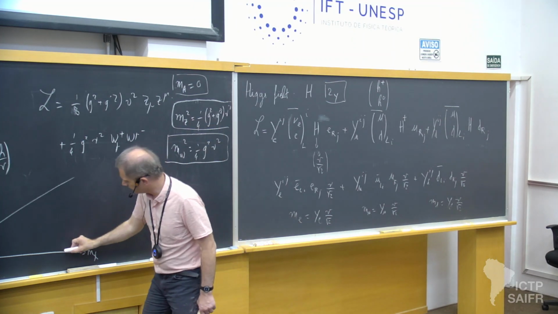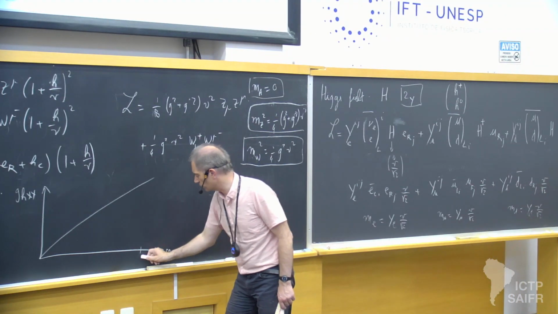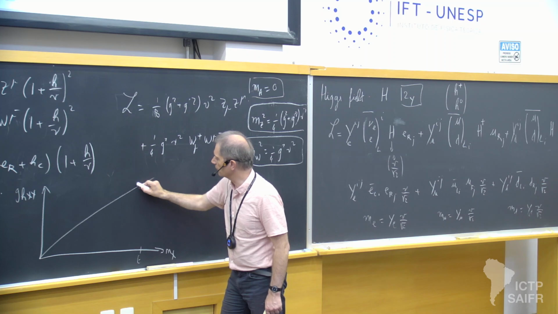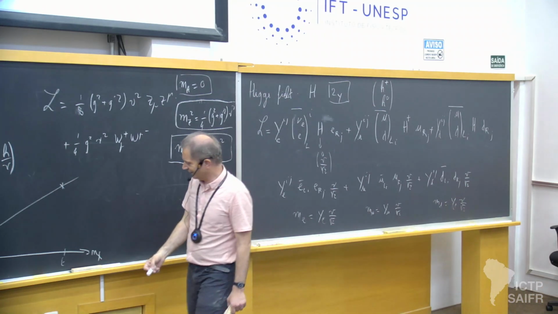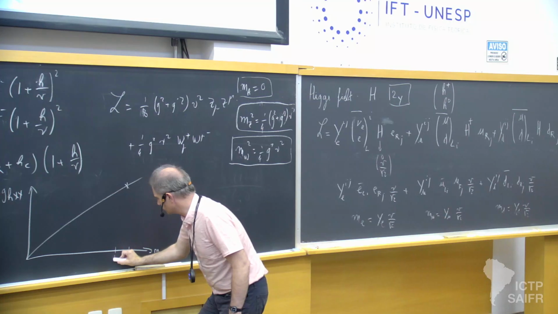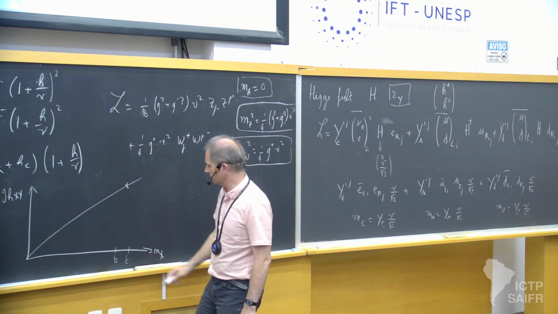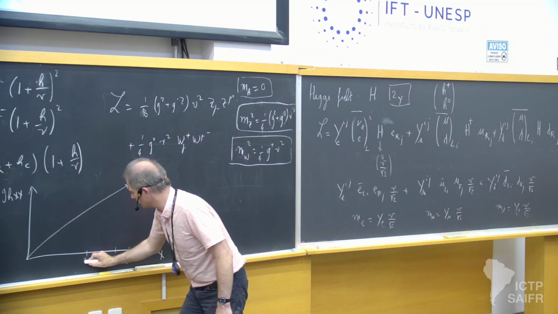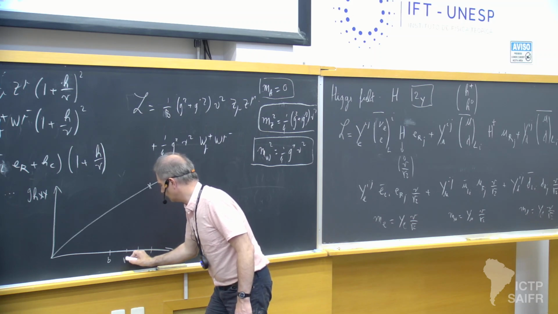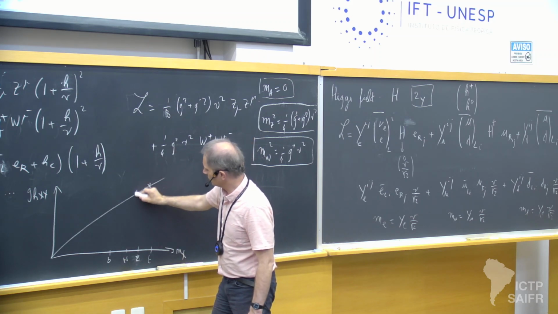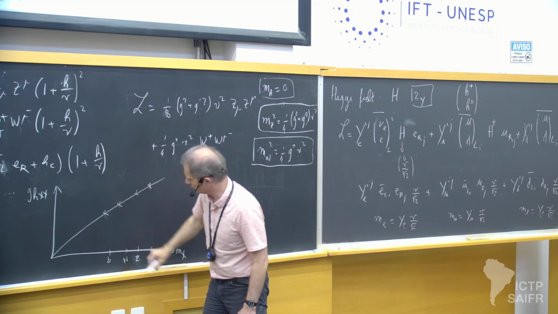We have measured the interaction of the Higgs with the top quark, so it's one point here. With one point, it's easy to draw a line, of course. But we have also measured the interaction with the bottom. There is a Z, there is a W, and the bottom is also there.